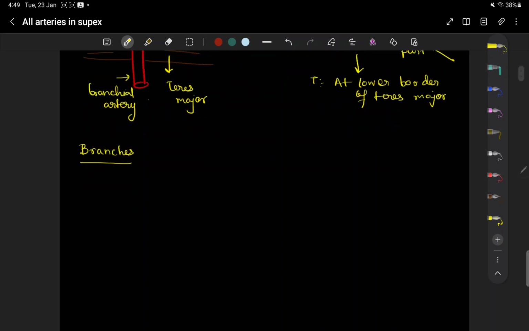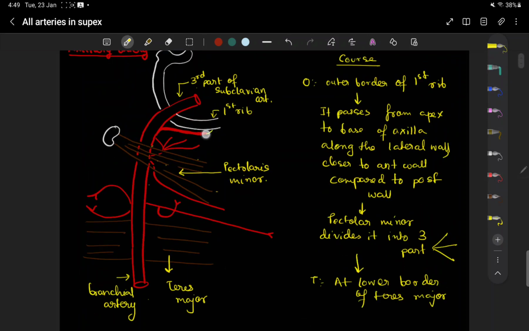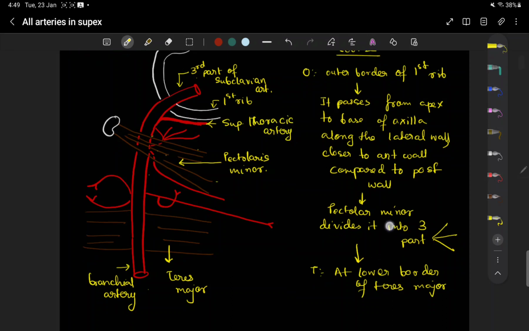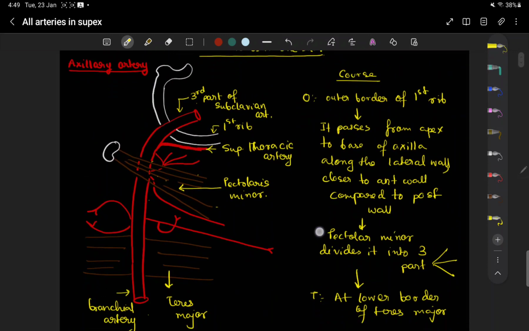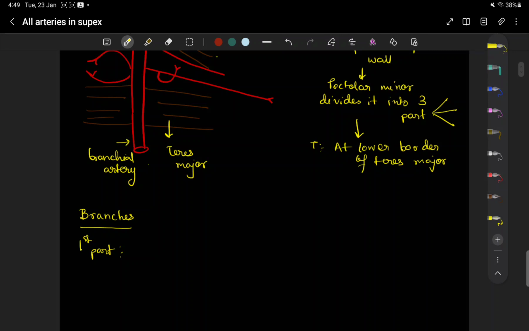There are three parts. I said the first part has only one branch. ठीक है, this is the branch, that is the superior thoracic artery. Superior thoracic artery. You can write it down here. I'm not writing the branches, I'm just saying it and labeling it.